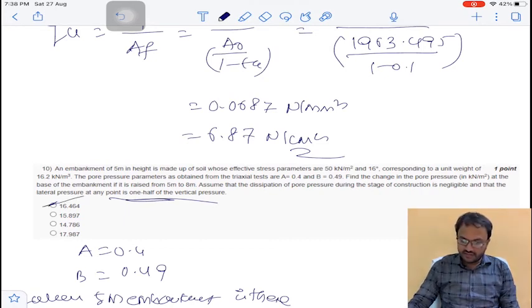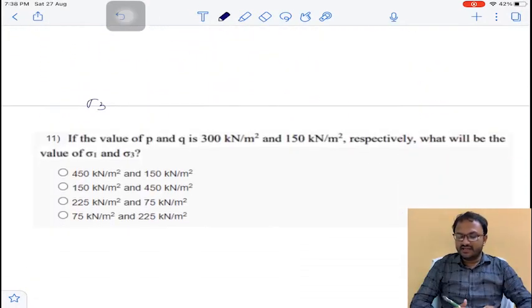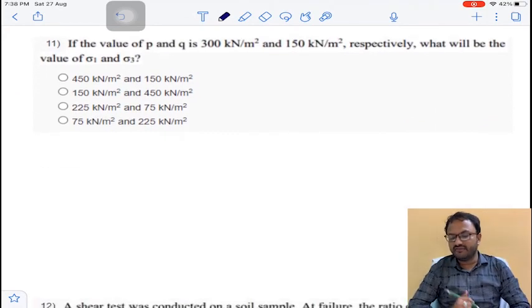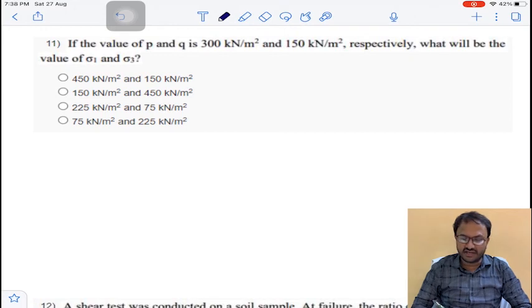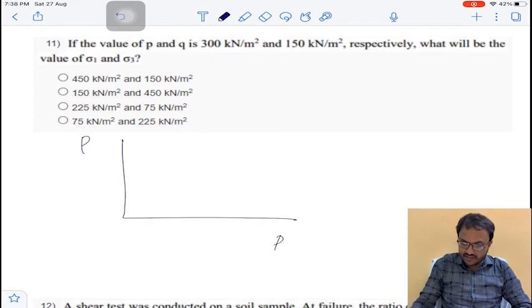So now coming to next question. If the value of P and Q is 300 kilonewton per meter square and 150 kilonewton per meter square respectively, what will be the value of sigma 1 and sigma 3? So there is a plot called PQ plot. P is on x-axis and Q is on y-axis. P is equal to sigma 1 plus sigma 3 by 2.